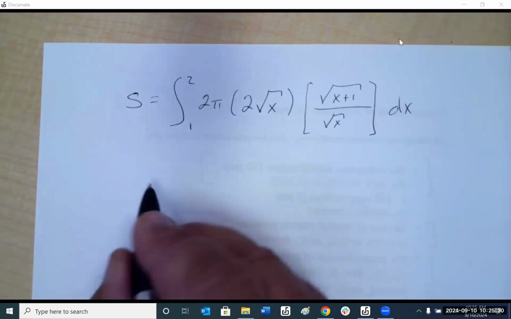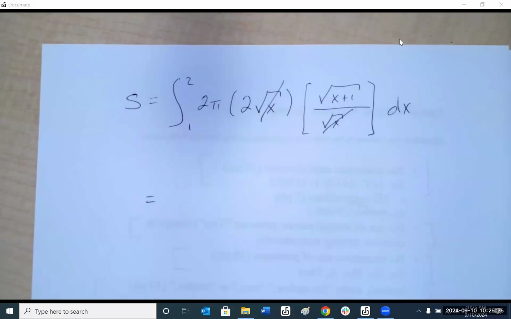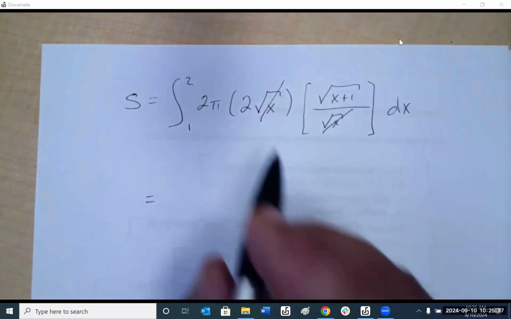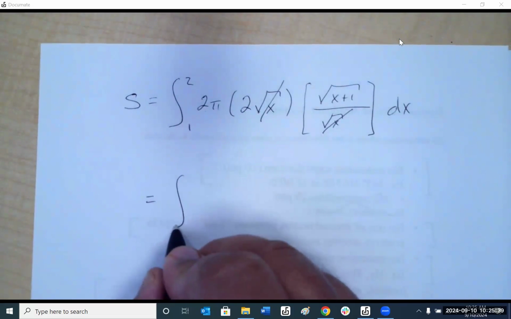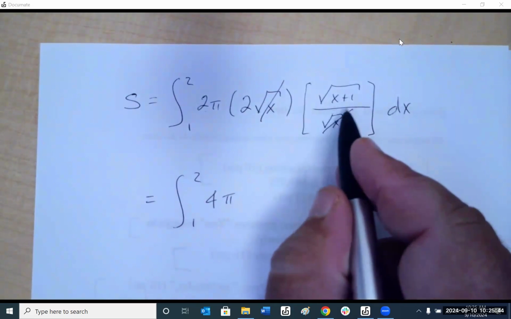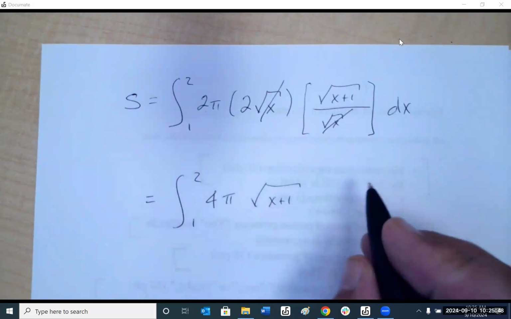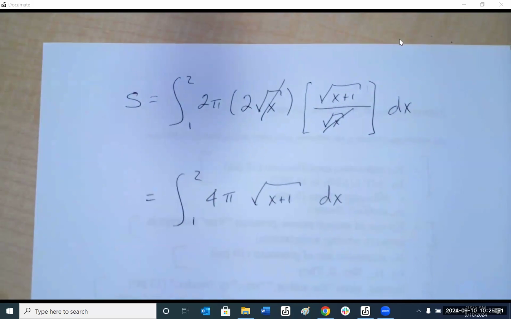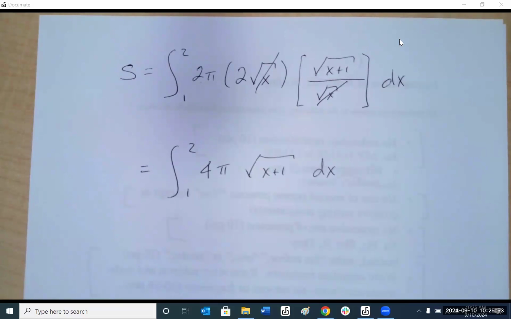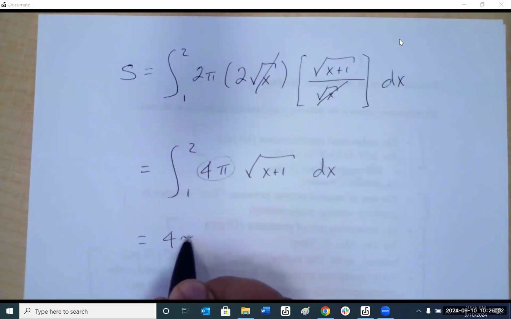What can we do inside there now? The square root of x and the square root of x cancel. 2 times 2 is 4, so we have 1 to 2 of 4 pi. And now we only have to worry about that one radical there. This is a constant. It can be taken outside.